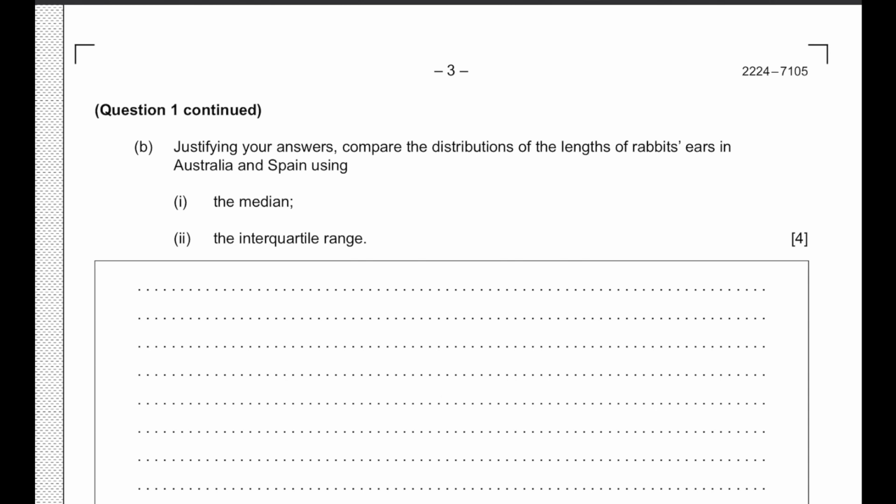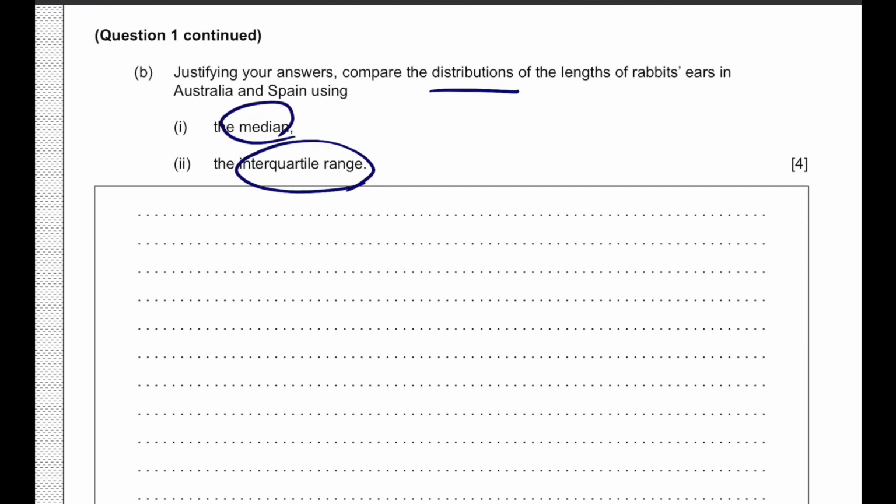We have to compare the distribution of the lengths of the rabbit ears in Australia and Spain using the median values and interquartile range. Okay, so question I. From the previous question, we know that rabbit ears in Australia have a median value of 80, right?